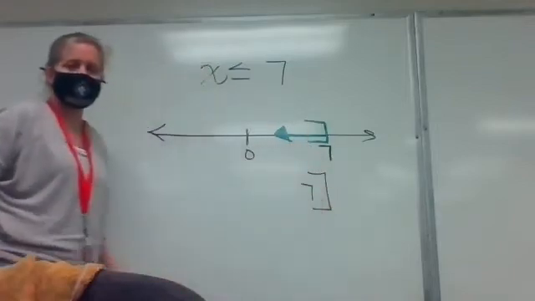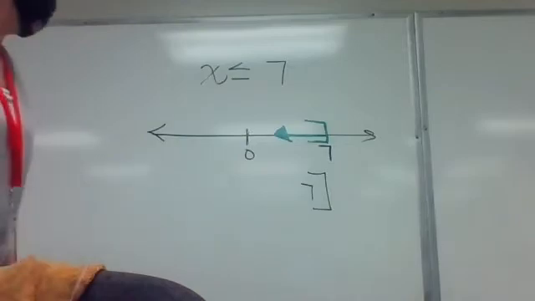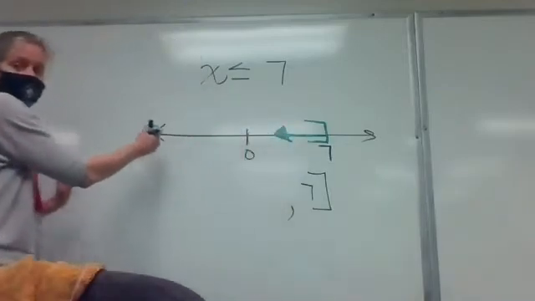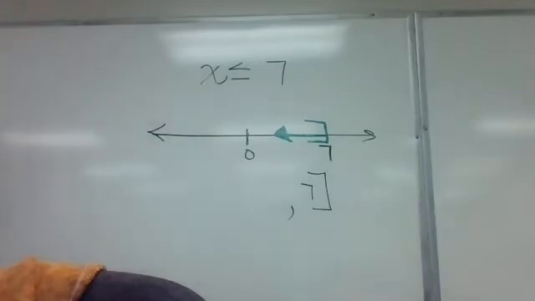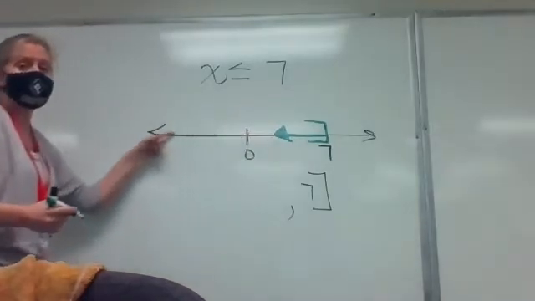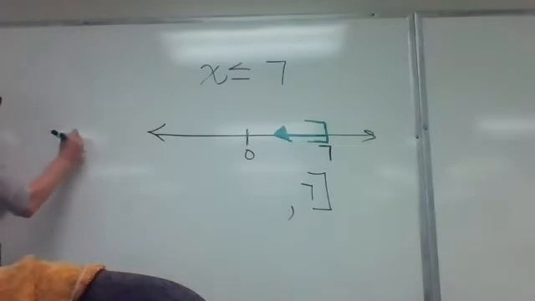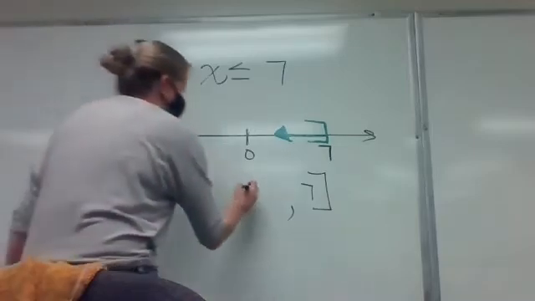There's a closing symbol with the 7, which means I need the opening symbol. This arrow means it's going forever this way. All the numbers less than 7 means all these numbers forever. And where does this go to forever? If I'm going forever this way, it goes to negative infinity. So negative infinity is actually your opening.